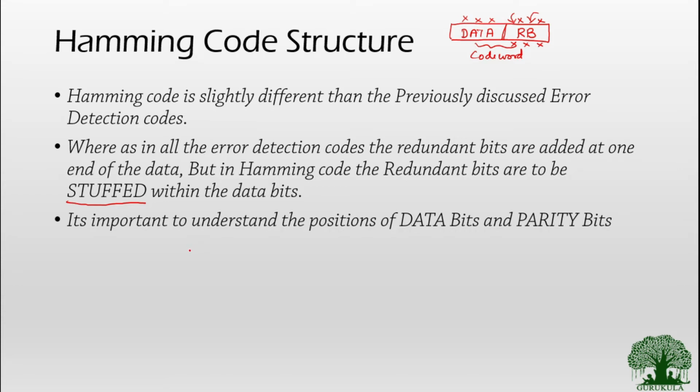What I mean is, we are not going to use this particular format, where I have data bits and my redundancy bits sit in one corner. In the Hamming code, there will be lots of data bits, any number of them, but parity bits will appear in between the data bits.